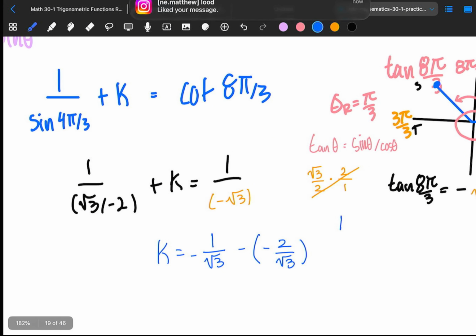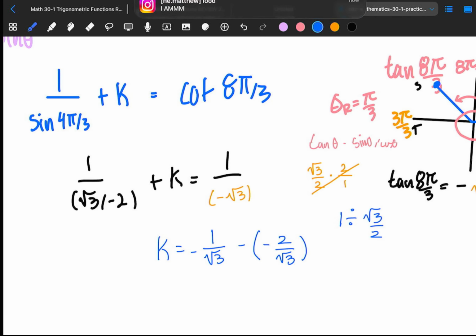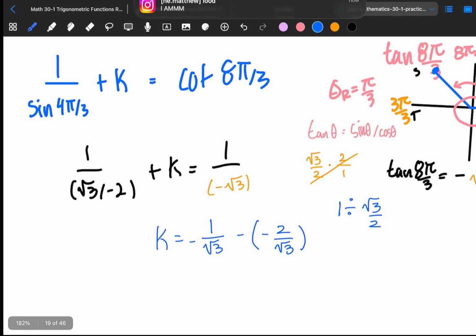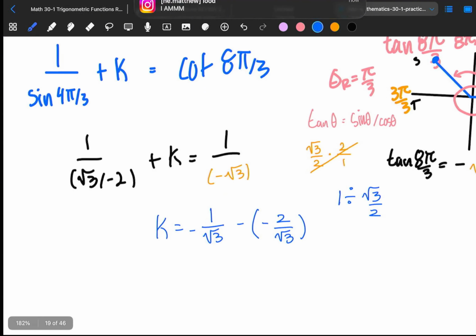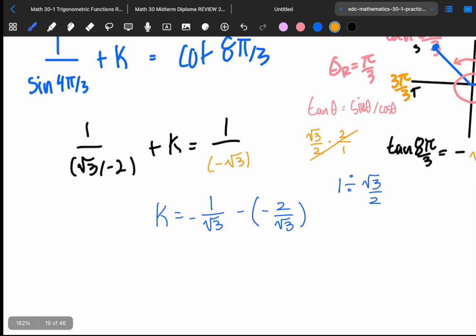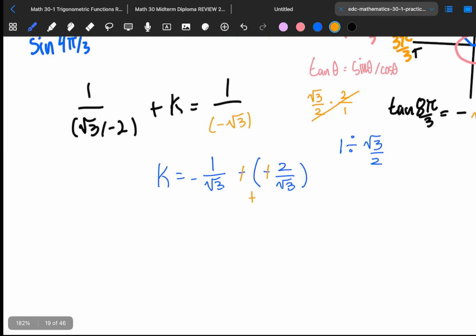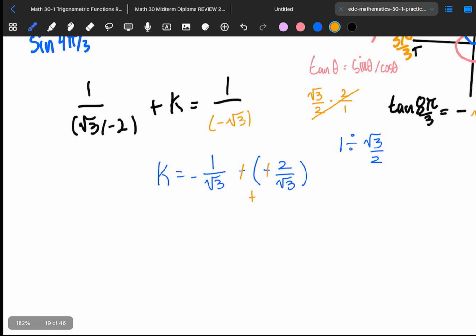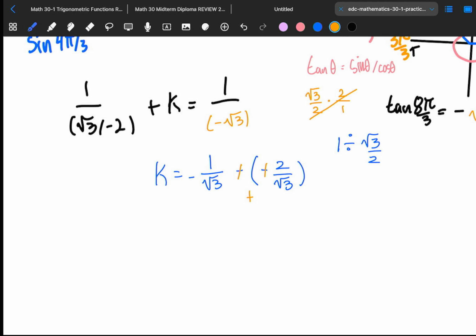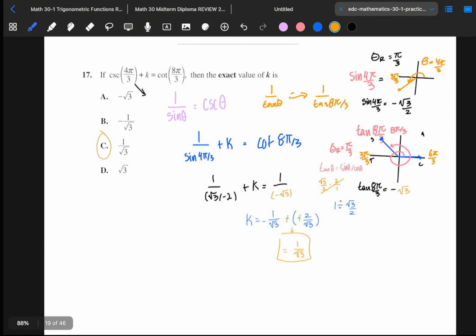Because, again, 1 divided by root 3 over 2 is just the same as multiplying by 2 over root 3, multiplying by the reciprocal. When you're subtracting a negative, this becomes the same as just adding. So you have negative 1 over root 3 plus 2 over root 3, which just becomes the positive 1 over root 3. So 1 over root 3 being positive should be our answer.